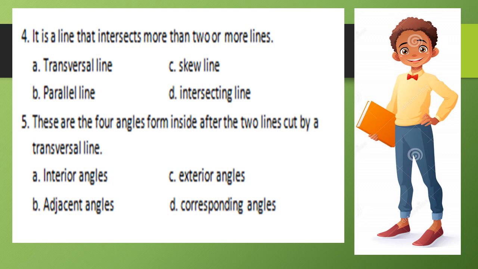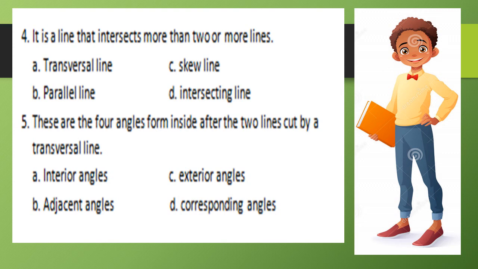Transversal line. These are the four angles formed inside after the two lines are cut by a transversal line. The hint there is inside after the two lines are cut. So A. Interior angles, B. Adjacent angles, C. Exterior angles, D. Corresponding angles.